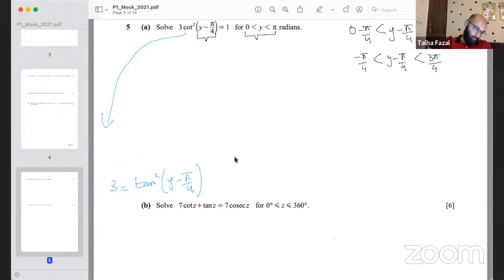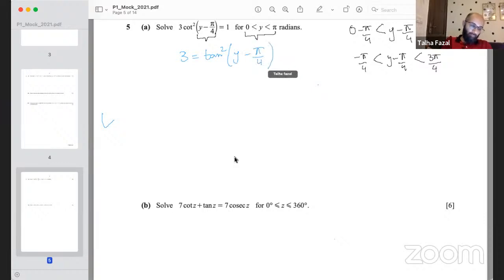So we had figured out the equation simply becomes 3 is equal to tangent squared of y minus pi over 4, right? Now, obviously, this I will rewrite as my alpha. So my tangent square alpha is 3, or I can rewrite it as tangent of alpha is square root of 3.